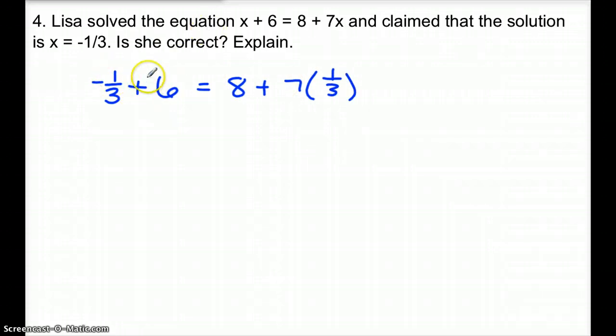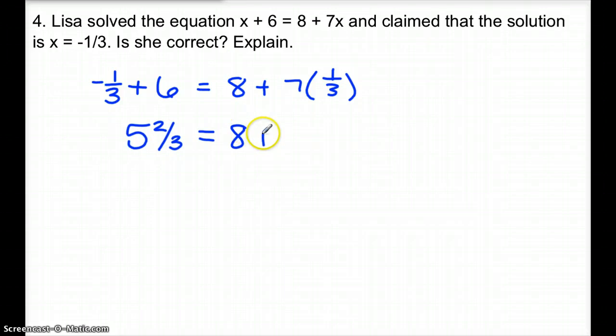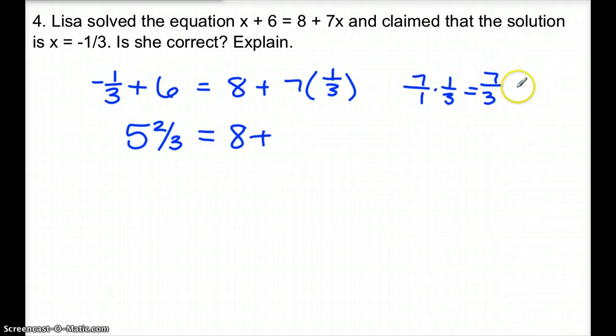So negative 1/3 plus 6, that's like taking 6 minus 1/3. So that would be 5 2/3 equals 8 plus. Now 7 times 1/3, that is not 7 1/3. If we multiply this out, go straight across, we get 7/3, which is equal to 2 1/3.